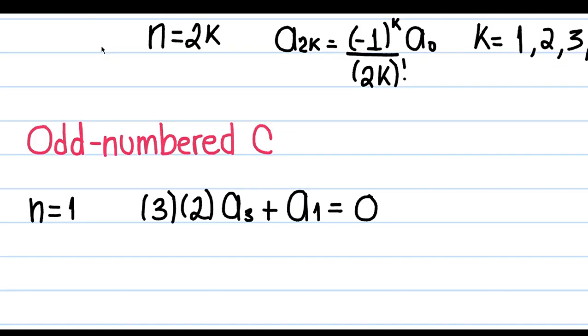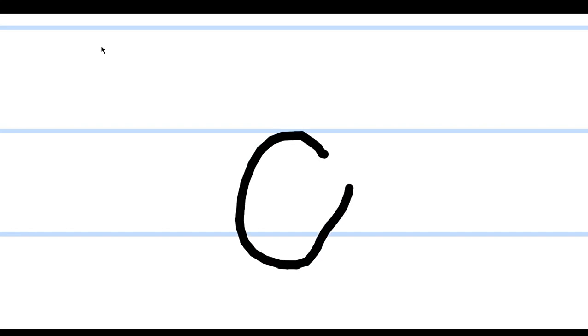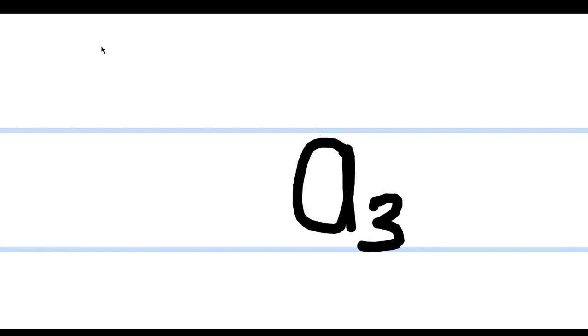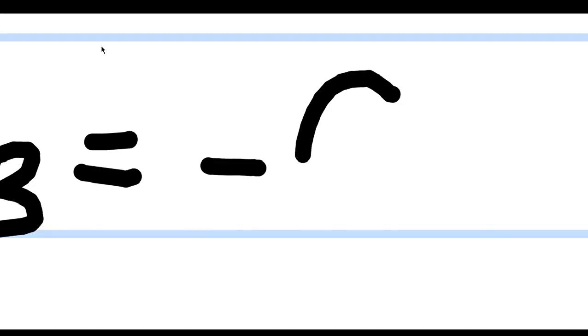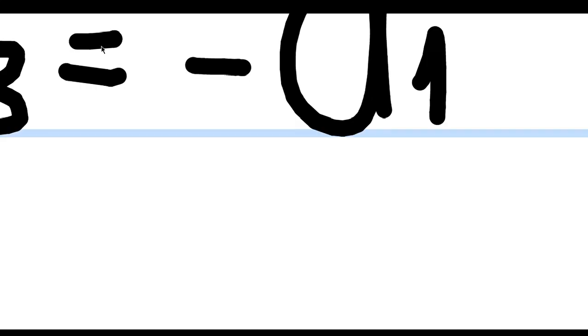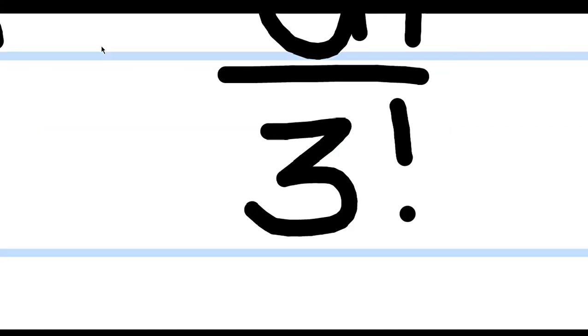And solving for a sub 3, we have a sub 3 is equal to minus a sub 1 over 3 factorial.